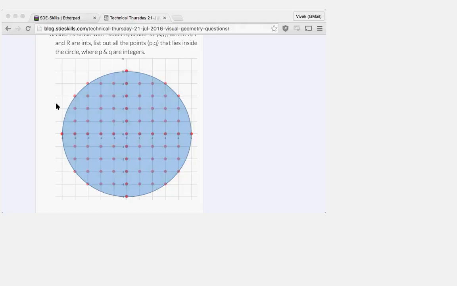For 1/8 of the circle, you can start with the center and keep adding +1 to the x value till you reach the radius, and similarly increment y. That's how you cover the 1/8 part of the circle, and then replicate the points till x square plus y square minus r square becomes greater than 0.